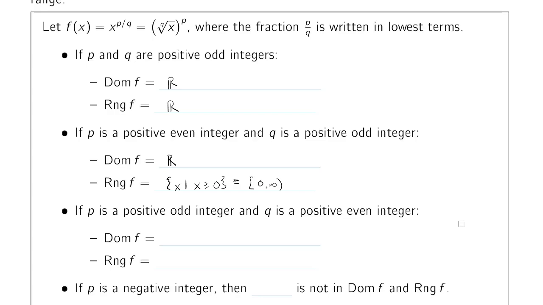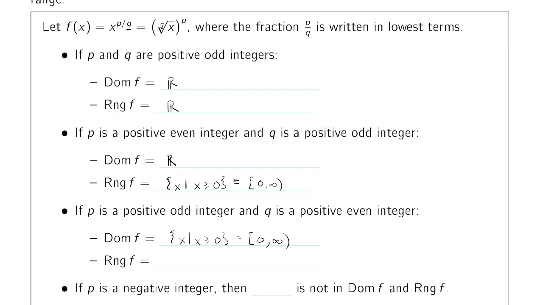Now, if we're taking an even root, if q is an even number, well, for an even root, we can only take positive input. Right, so the domain consists of the numbers greater than or equal to 0. But even roots also have positive output.